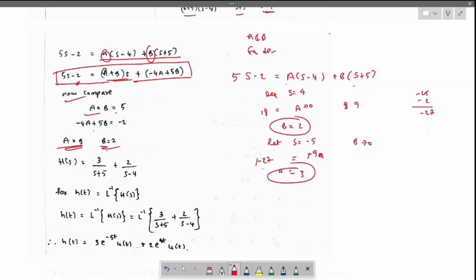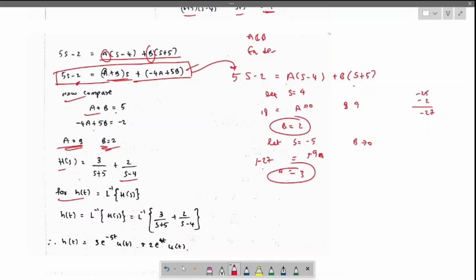Now a is 3, b is 2. So you can use this step or that step, anything you will get. Finally we need a and b. Write the separated terms: h(s) now becomes 3 by (s + 5) plus 2 by (s − 4).